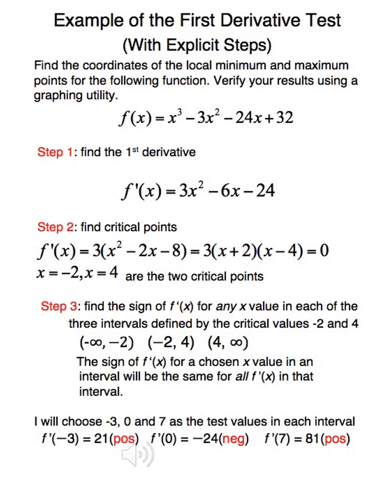If you think of these candidate points on the x-axis at -2 and 4, they divide the x-axis into 3 intervals. So we want to look at the interval from -infinity up to -2, the interval from -2 to 4, and the interval from 4 to infinity.